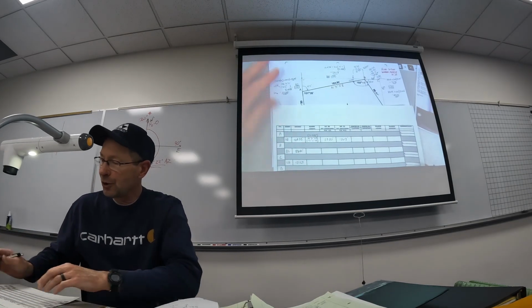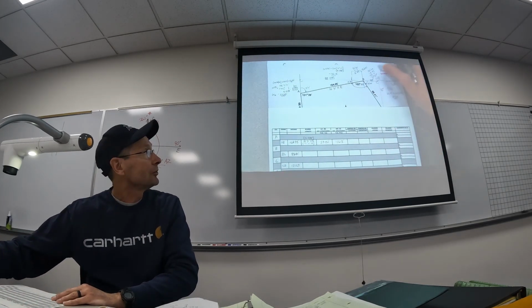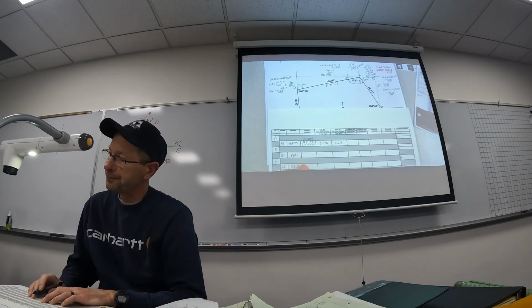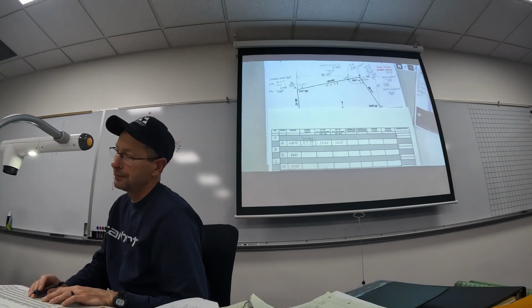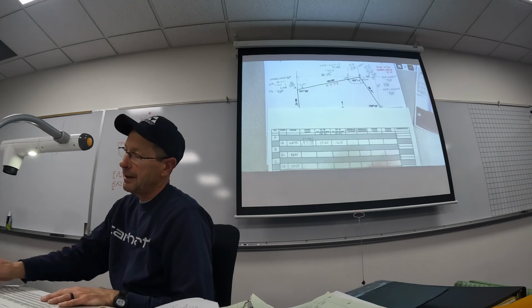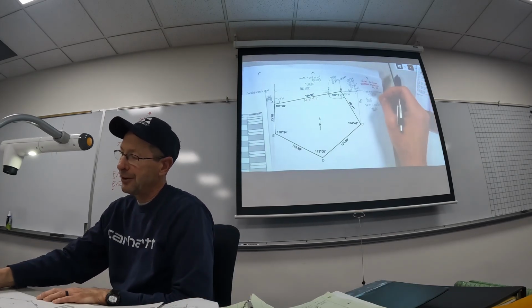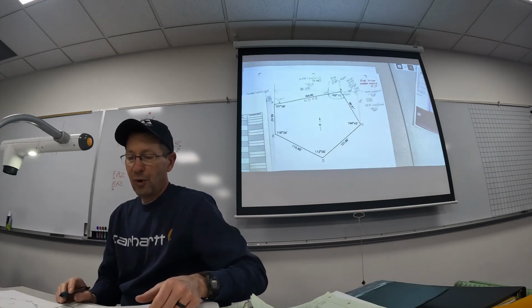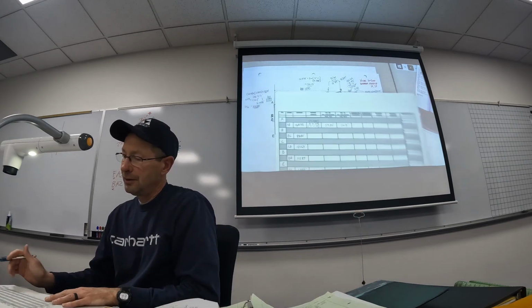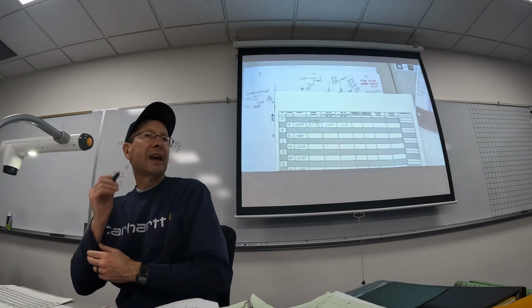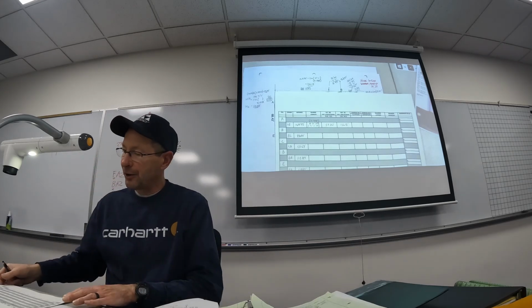So let's go to course B to C, which was the next one. Now let's take a look at what's here in our triangle. Now we've got to start thinking about our angles. What we want to do is know its bearing or its azimuth.